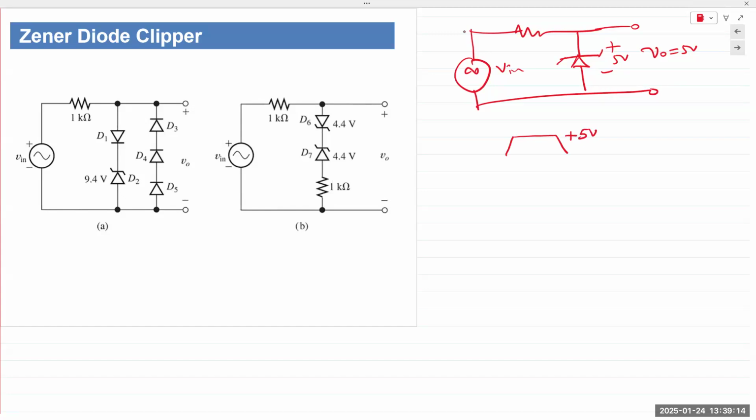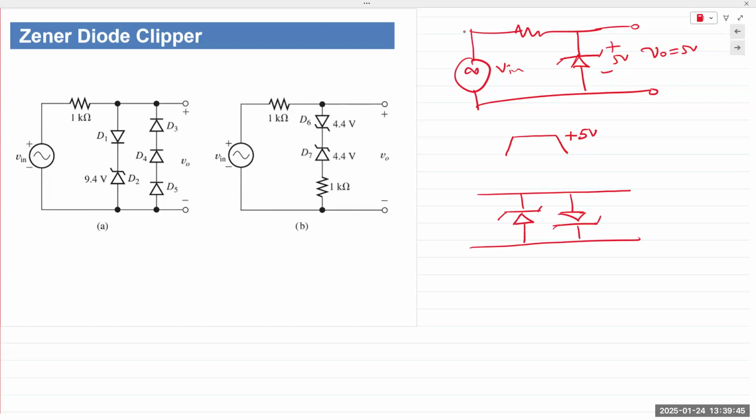Operate in the reverse bias. And we can take 2 Zener diodes, flip the direction, connect them in parallel. And you can have clippers in both directions. You can take 2 Zener diodes and connect them in parallel. And you can have both a positive as well as a negative clipper. Right? No special power supply required.